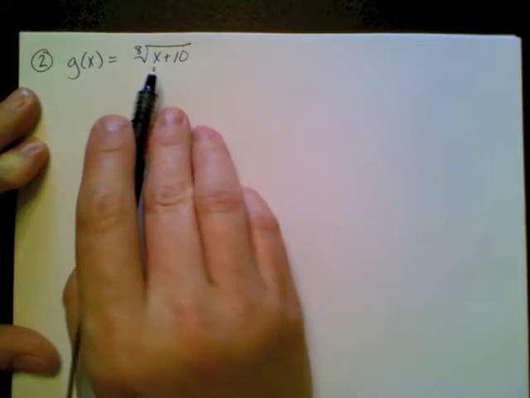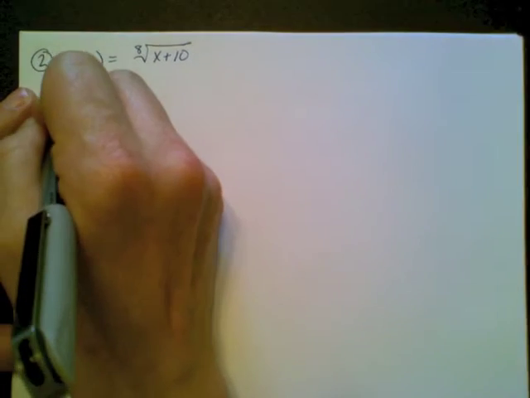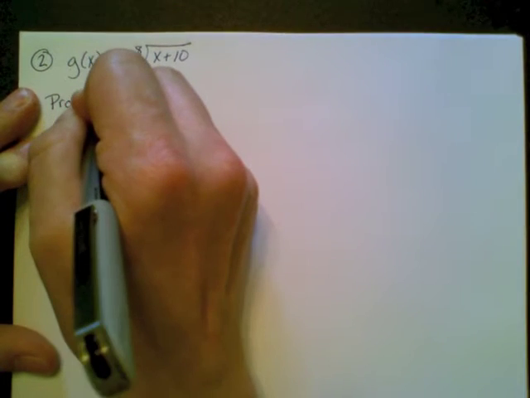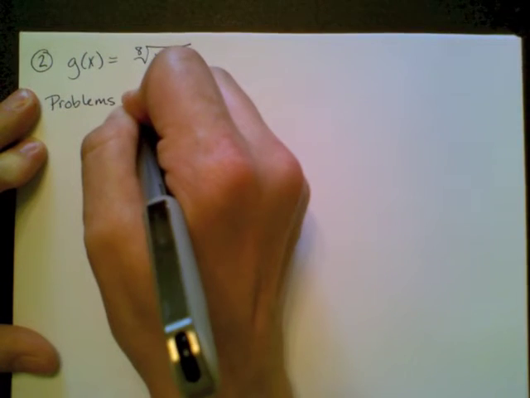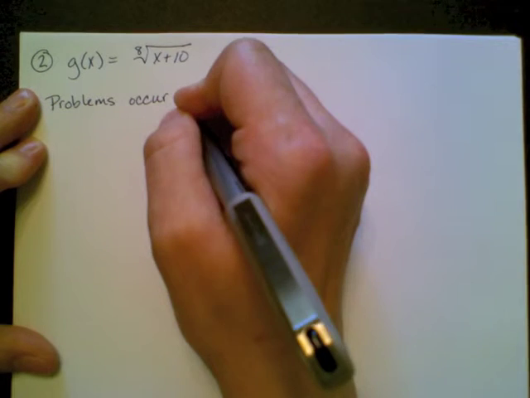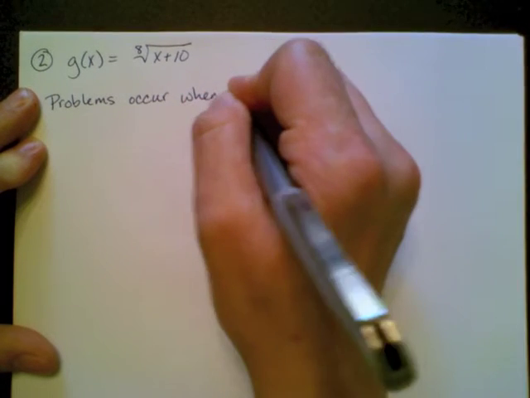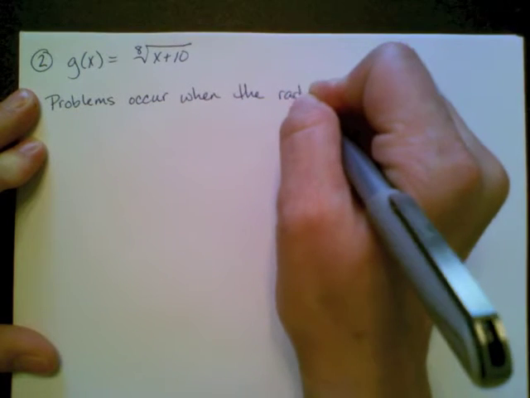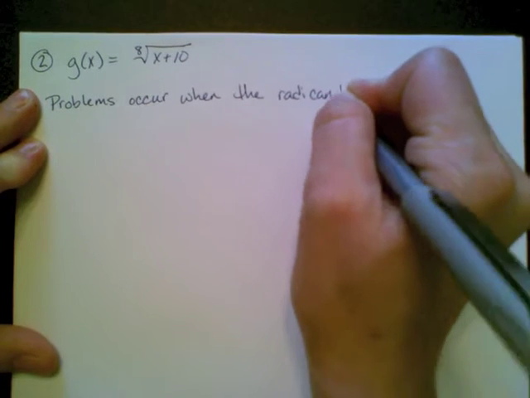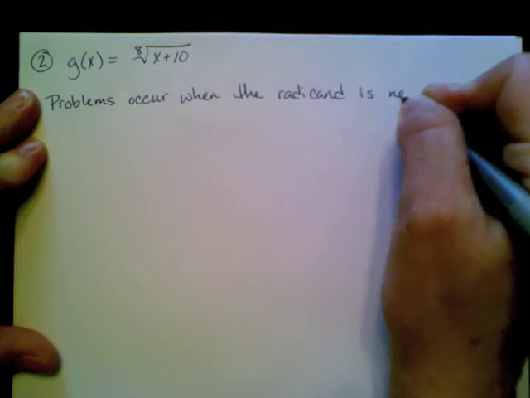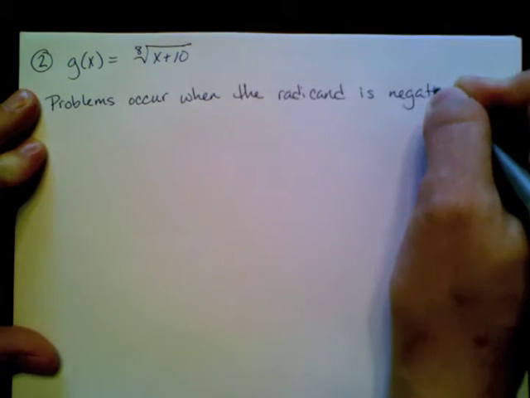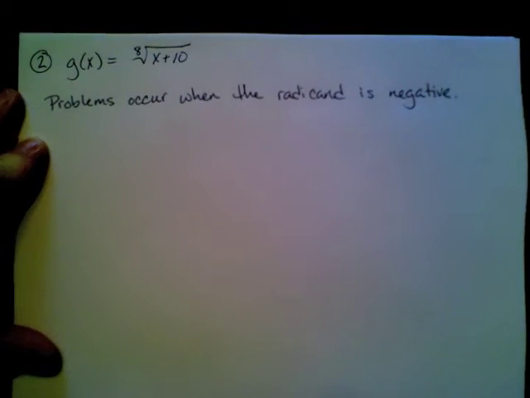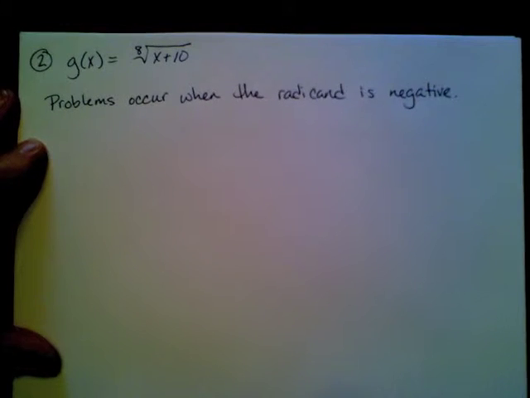It cannot be negative. Problems occur when the radicand is negative. And when we're talking about graphing these things, we're really living in a realm of real numbers.